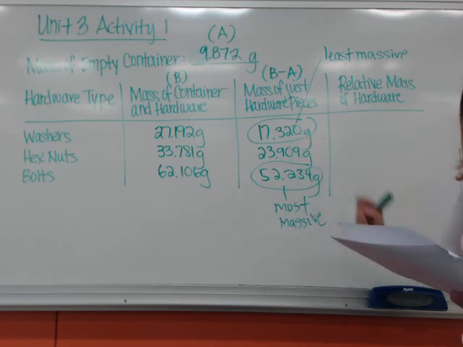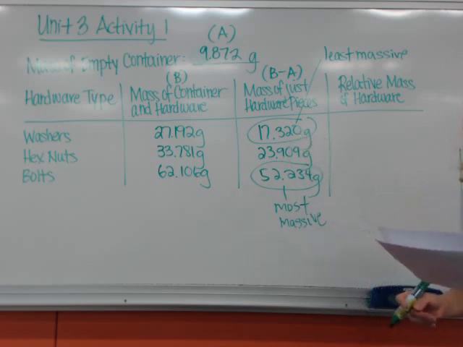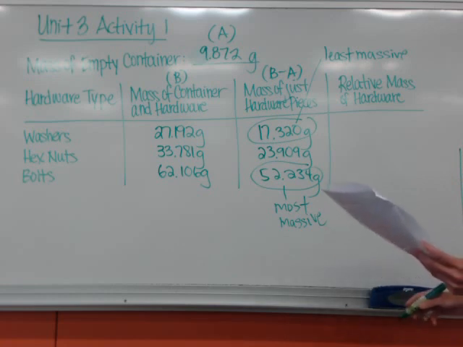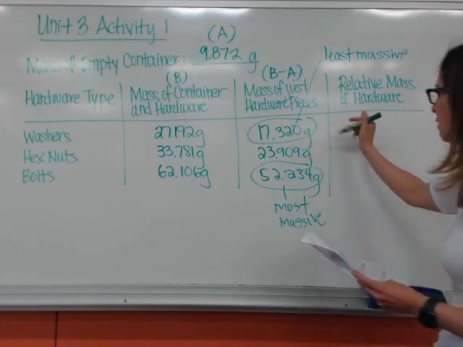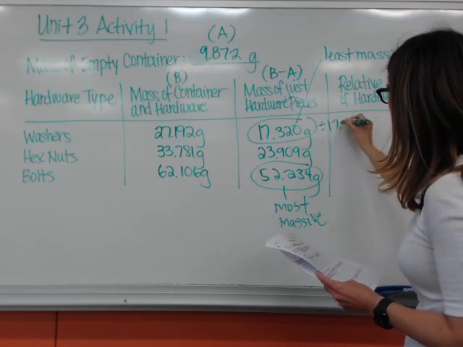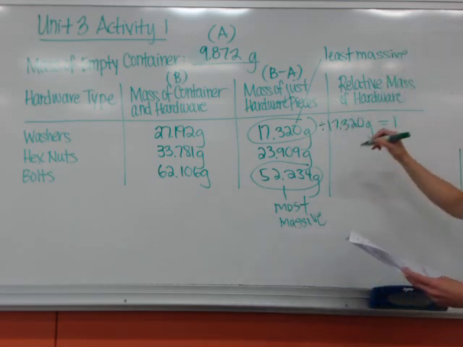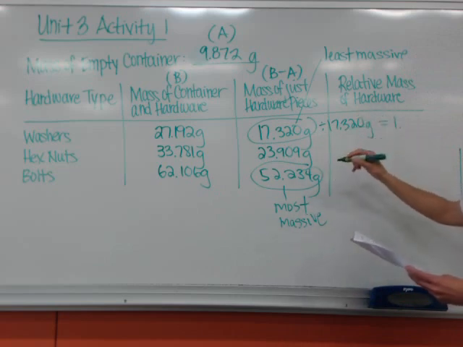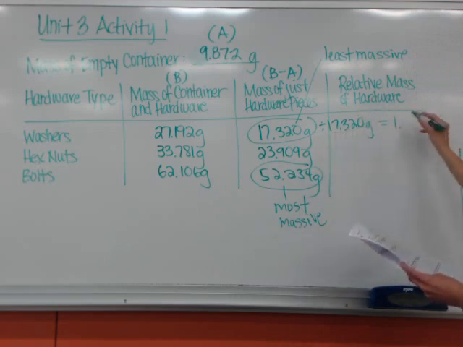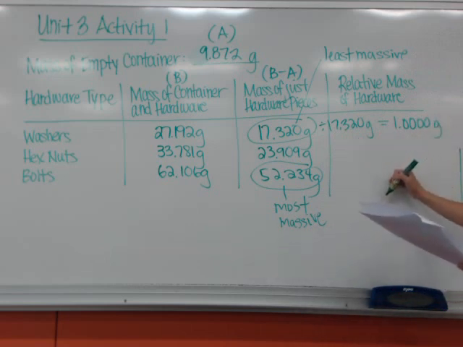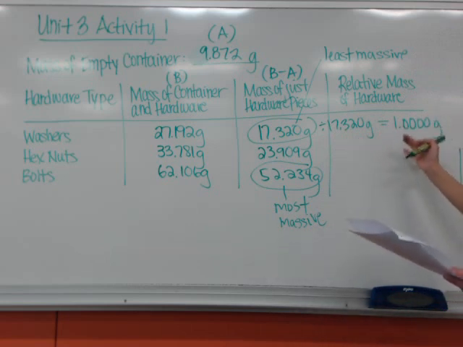Okay? Number 2, calculate the relative mass of each kind of hardware. To do this, divide each mass by the smallest mass item. So if I divide this by itself, that will give me, and when I multiply or divide, remember I'm looking for the fewest number of sig figs, this is 5. That will be my relative mass.